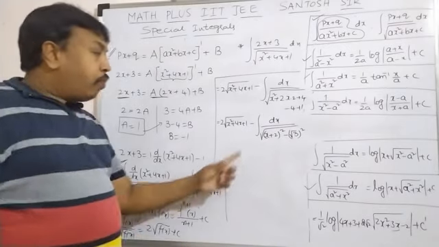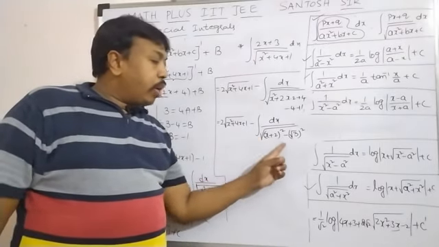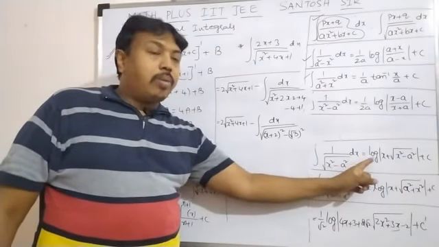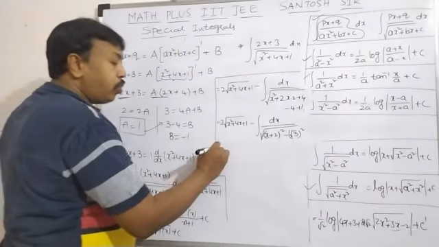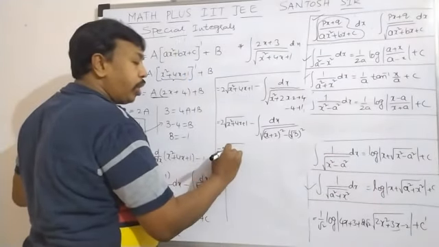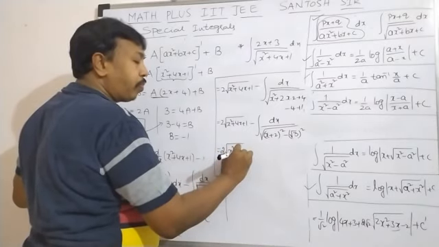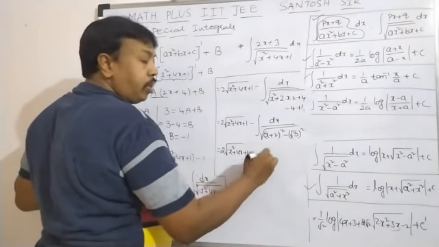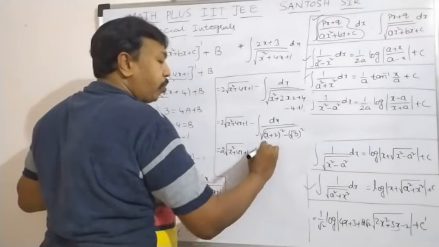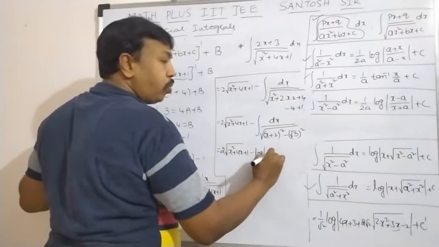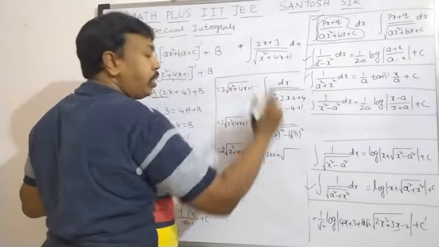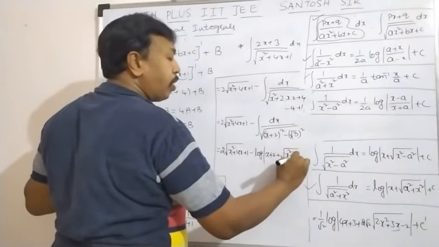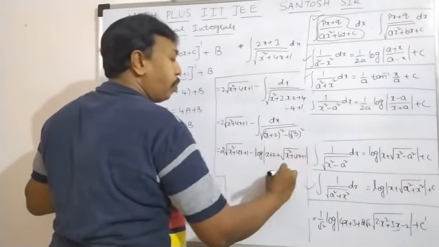Now see 1 upon under root of x square minus a square: log mod x plus under root of x square minus a square. So the answer is 2 root x square plus 4x plus 1 minus log mod x plus 2 plus under root of this entire thing, x square plus 4x plus 1, plus c.